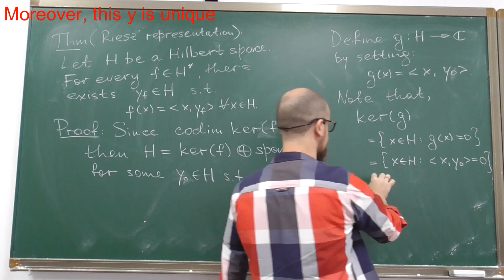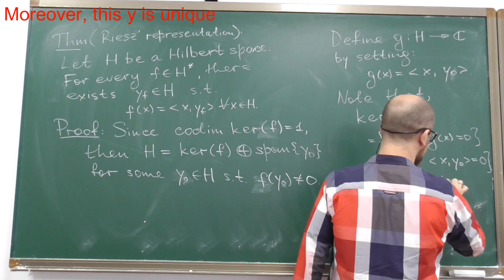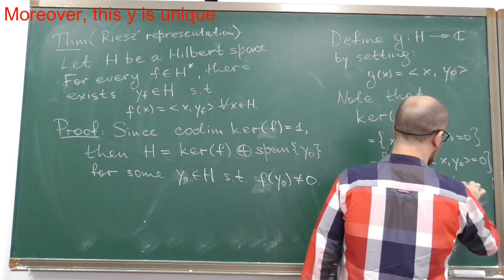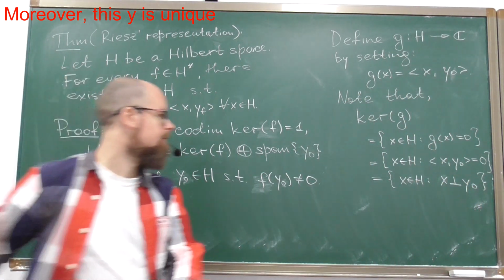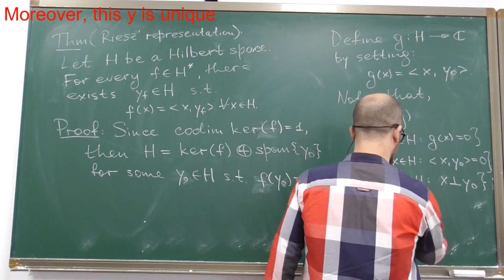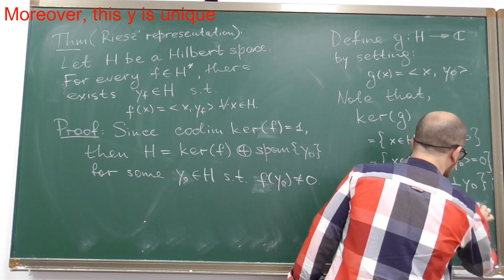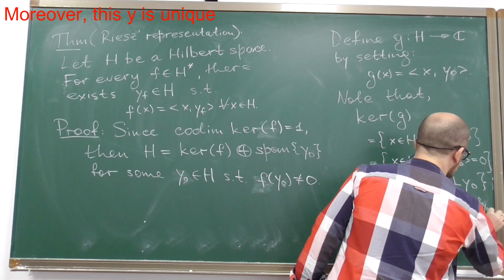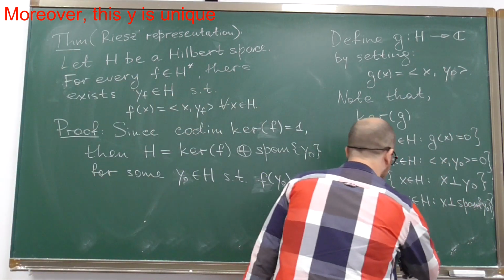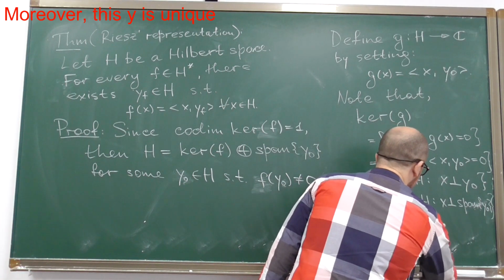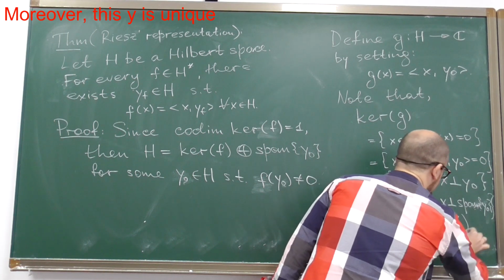So, in other words, it consists of all x's from H such that x is orthogonal to y0, or by linearity, x is orthogonal to the span of y0, which is by definition the orthogonal complement of the span of y0.